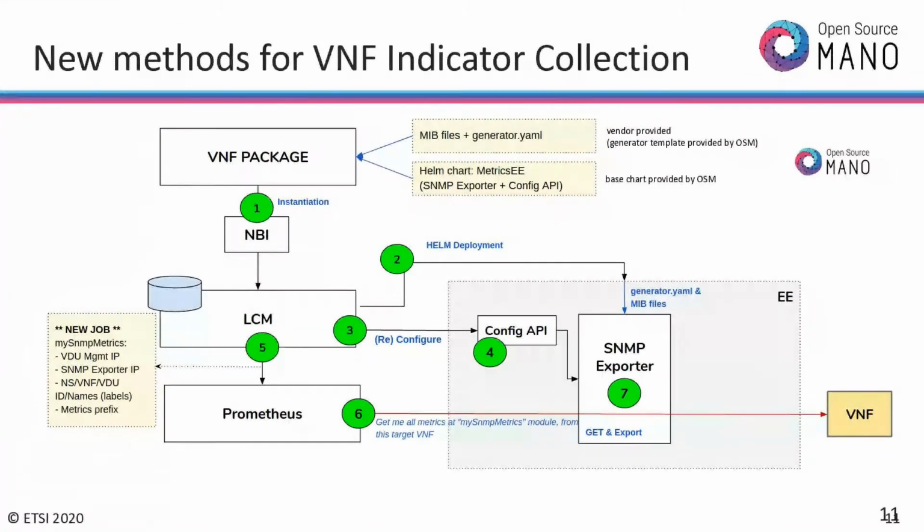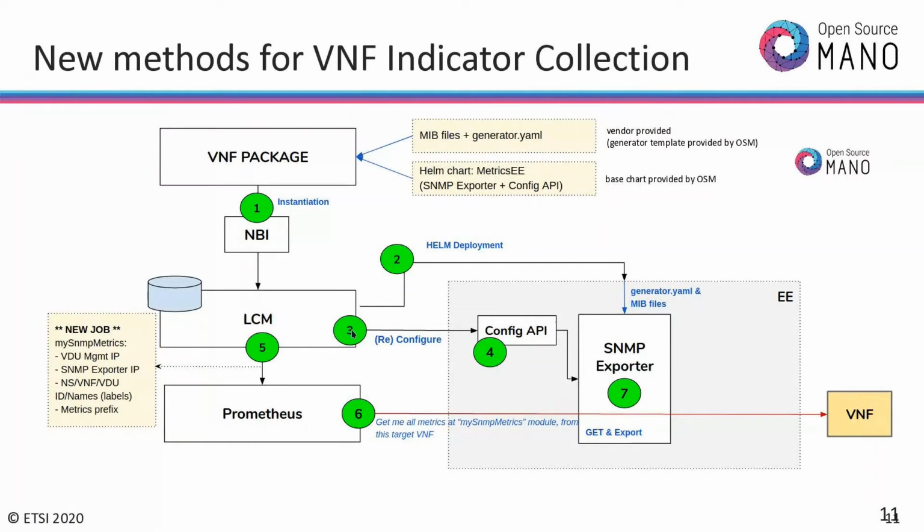It goes to the NBI and it is stored in OSM. Then the LCM loads the job for Prometheus just to communicate with the SNMP exporter and the VNF and store those metrics directly without passing through MON.